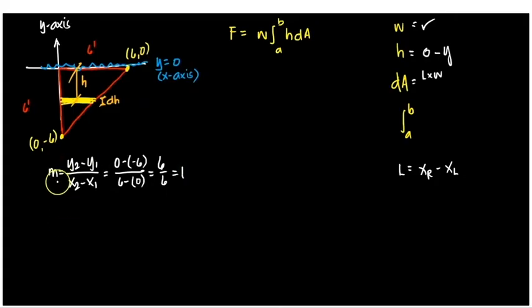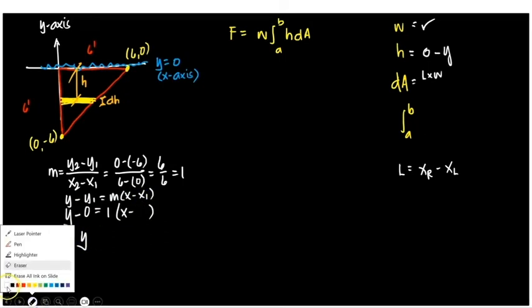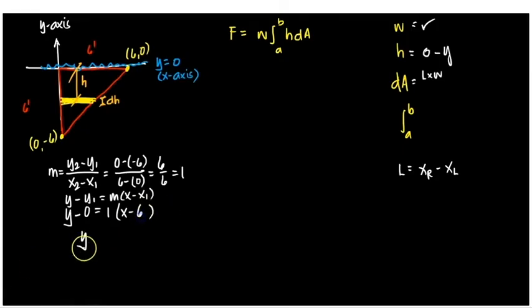Now, let's pick one. I'll pick the positive one. y minus y1 is equal to m times x minus x1, the point-slope form of the equation of the line. Therefore, the x1 would then be 6. So y equals x minus 6 is the equation of this line.